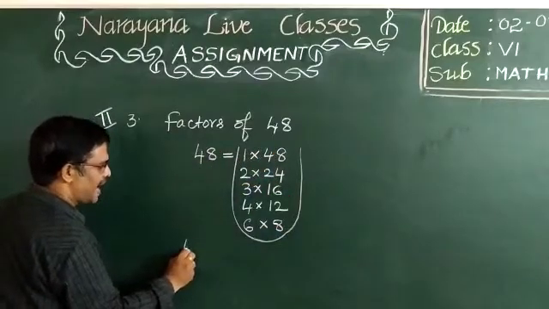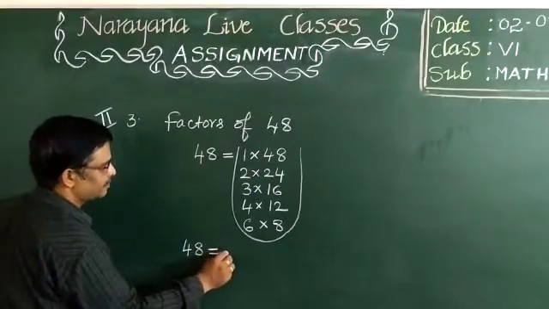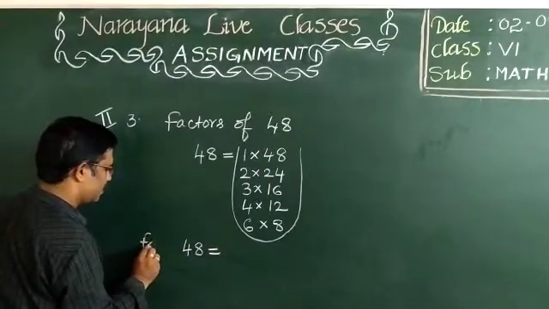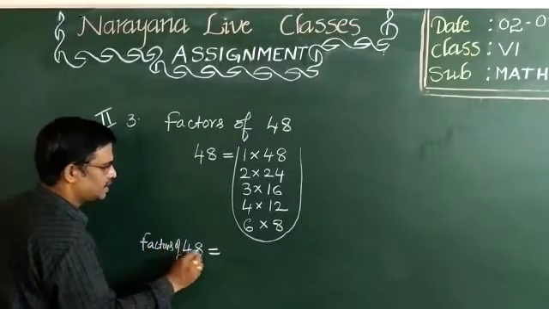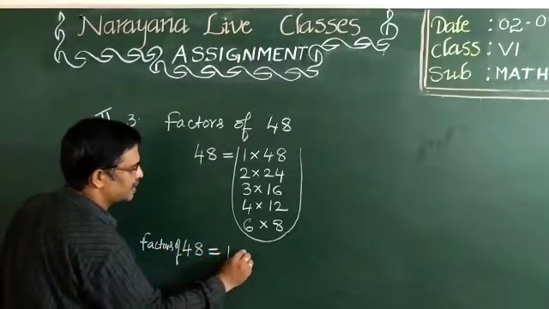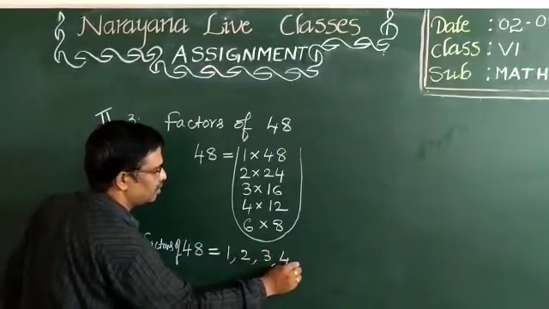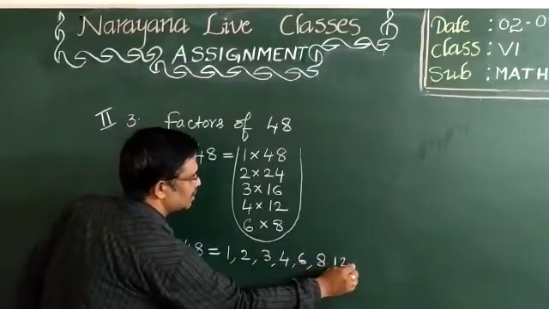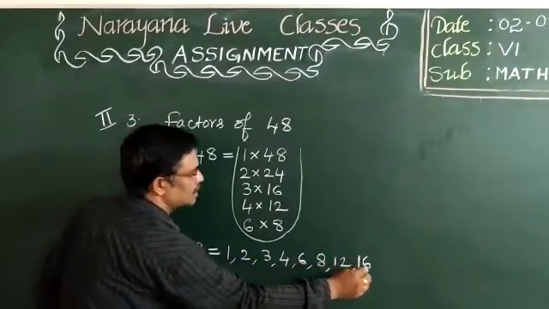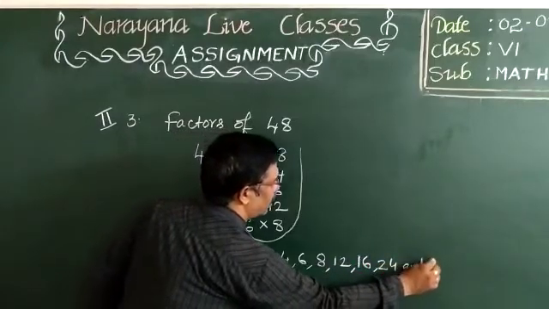So the factors of 48 are 1, 2, 3, 4, 6, 8, 12, 16, 24 and 48.